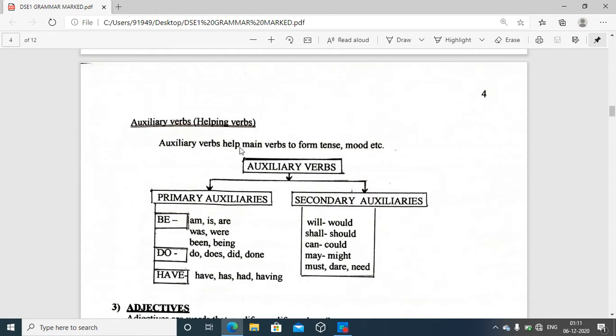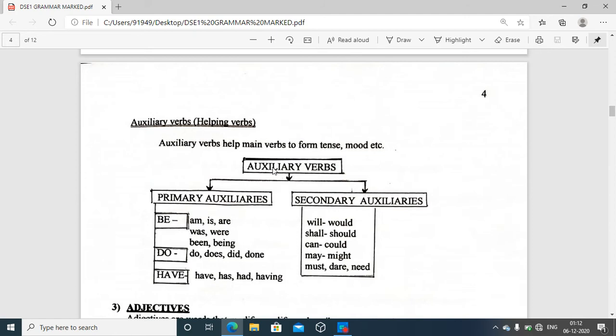They help main verbs to form tense, mood, etc. Auxiliary verbs are again subdivided into primary and secondary auxiliaries. With the tenses, we have to go for a deeper analysis of these types. But here, as part of the discussion on verbs, we cannot avoid talking about them.